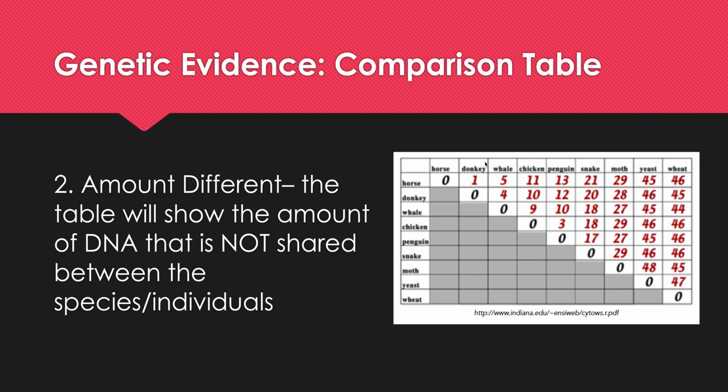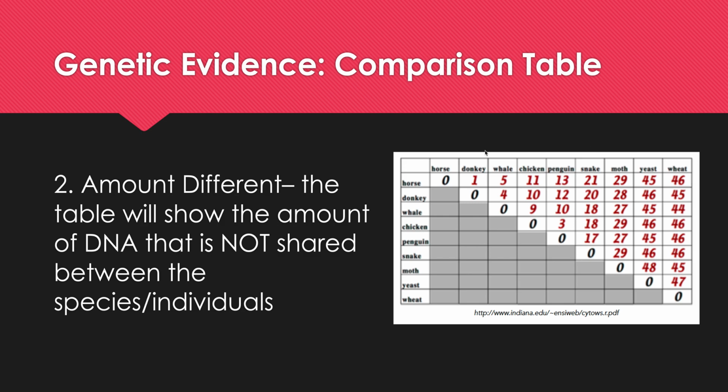This table means that the horse and the donkey only have one difference in a certain DNA sequence. That means they are very, very similar. But if we look at the horse and say the wheat plant, they have 46 differences. That's a lot of differences. So they are not very related.